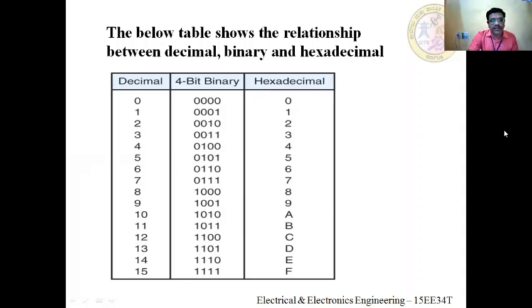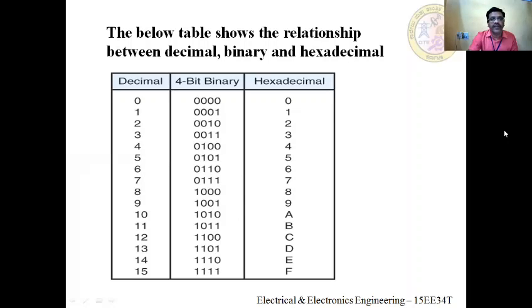First column is a decimal number from 0 to 15. Second column is a binary number system with 4 bits expressed from 0 to 15. And third column is a hexadecimal number system expressed from 0 to F. So from this table, we can learn how to convert a decimal number to its 4-bit binary and how to convert a decimal to its equivalent hexadecimal number.